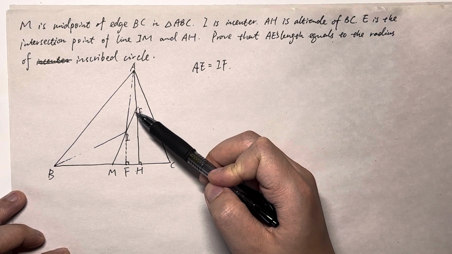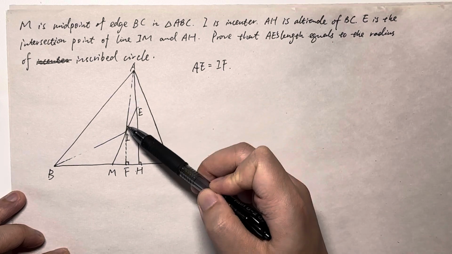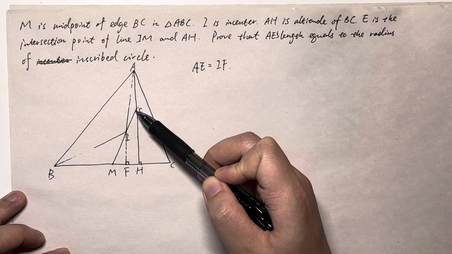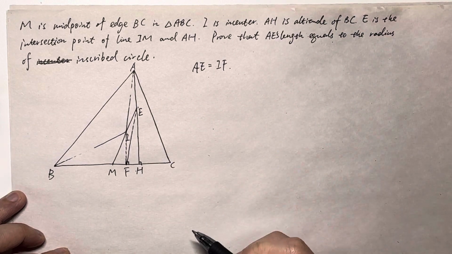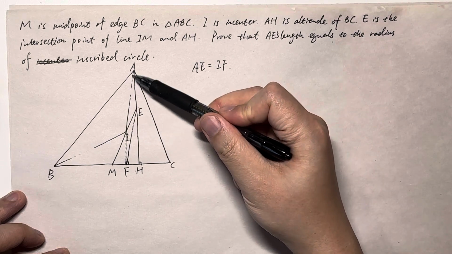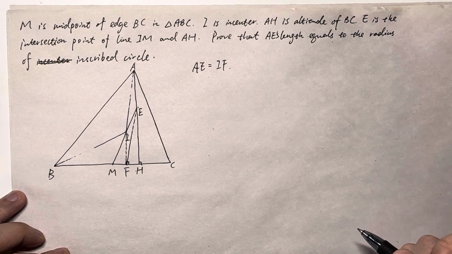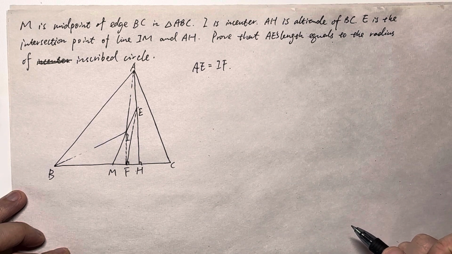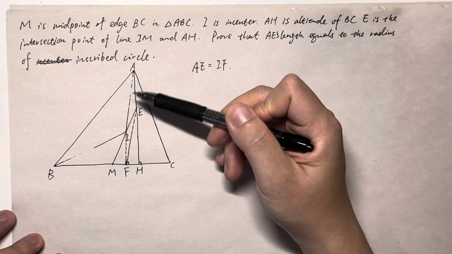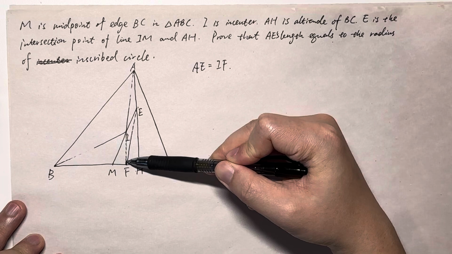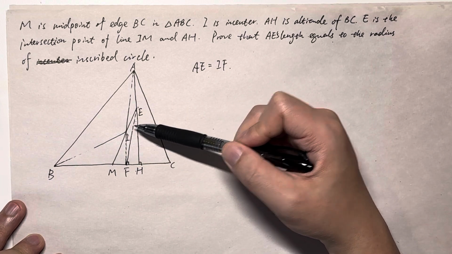So instead, we can connect EF and prove that AI is parallel to EF and AI equals EF. And then we're stuck, because this is difficult to prove. To prove two lines are parallel, you need to find the relation between the angles, which is difficult here.